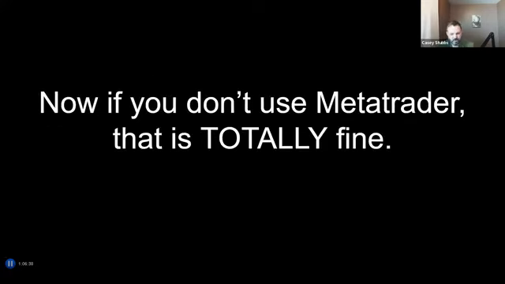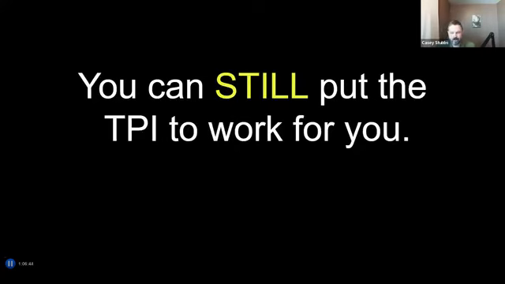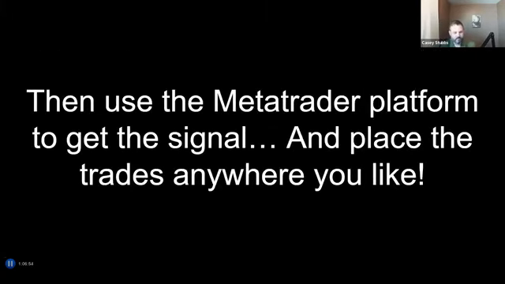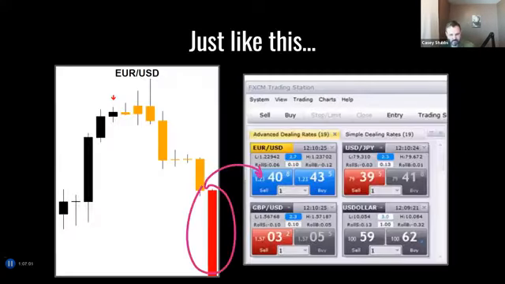Now, if you don't use MetaTrader, that's totally fine. You can still put the TPI to work for you. All you have to do is open a demo account from MetaTrader, which takes about 60 seconds. Then use the MetaTrader platform to get the signal and place the trades anywhere you like, just like this.